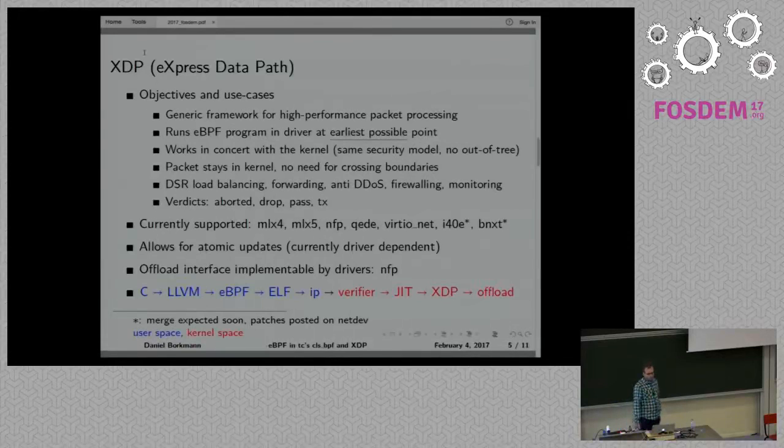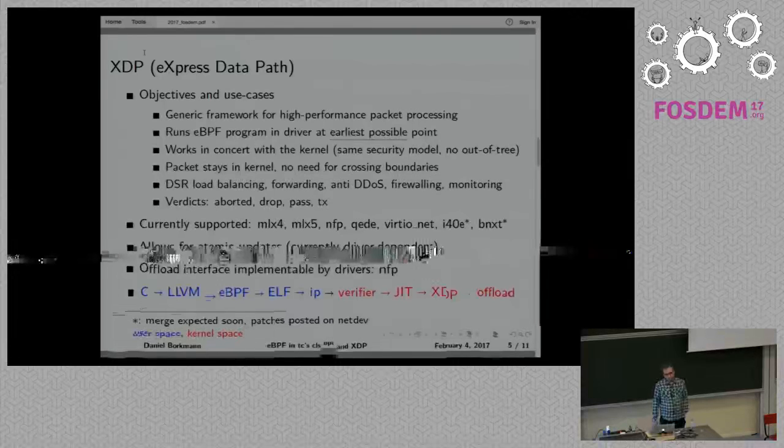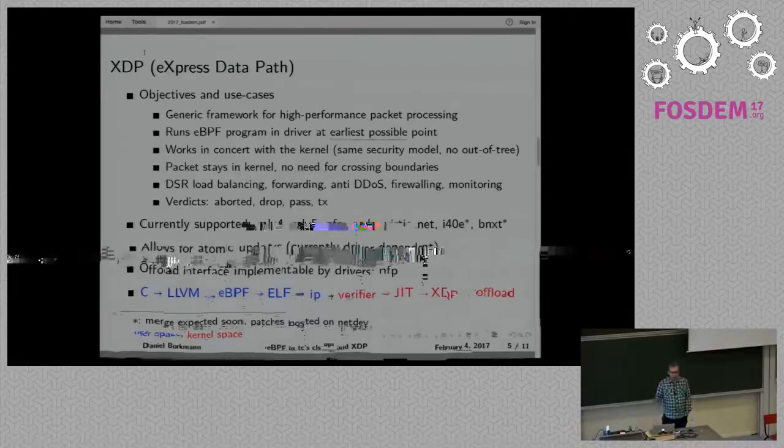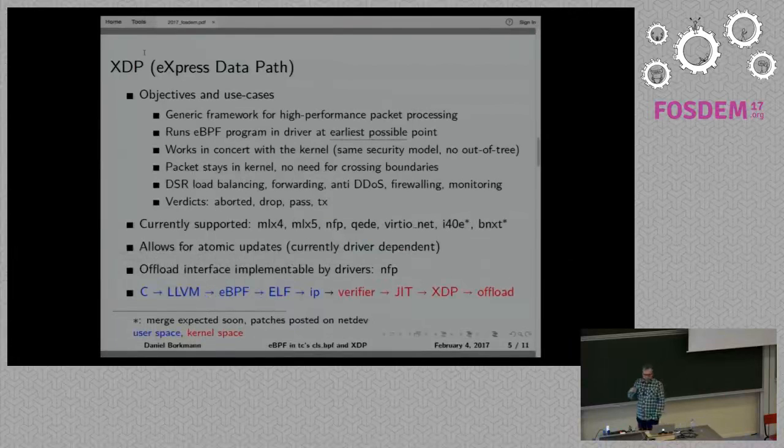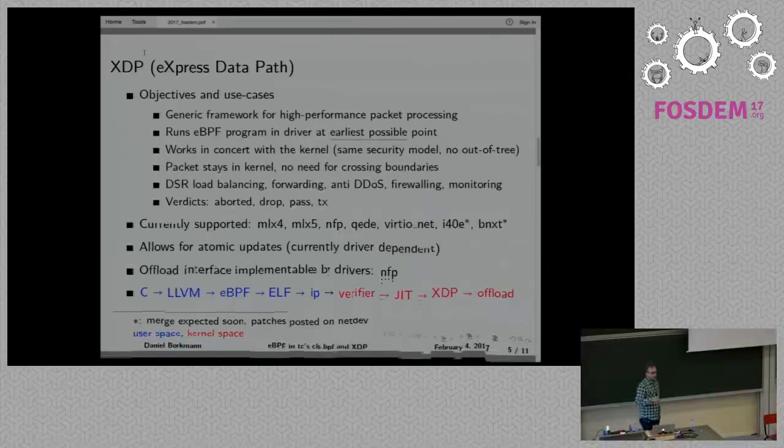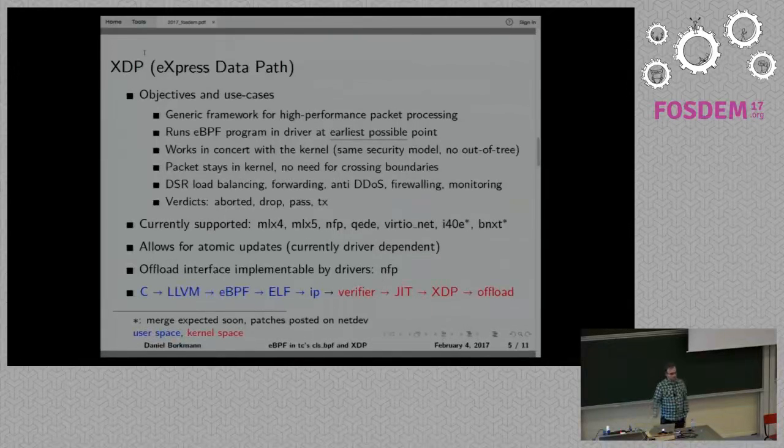For example, one of the use cases could be that you're implementing a firewalling application, and there you can already filter packets out at the very earliest possible point on your NIC, and then part of those packets can get further passed to the kernel stack and then into some of the containers.